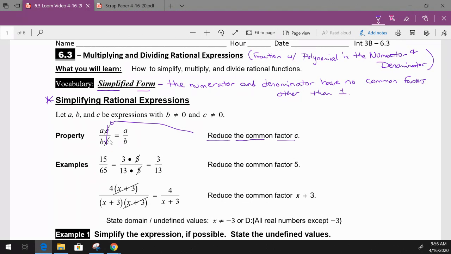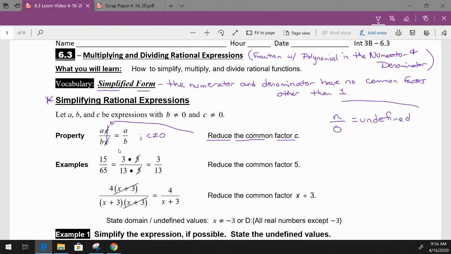Now, if you have a variable here, you do have to state that c cannot equal 0. And that's very important when you have variables. In the denominator, if you have anything over 0, it is undefined.